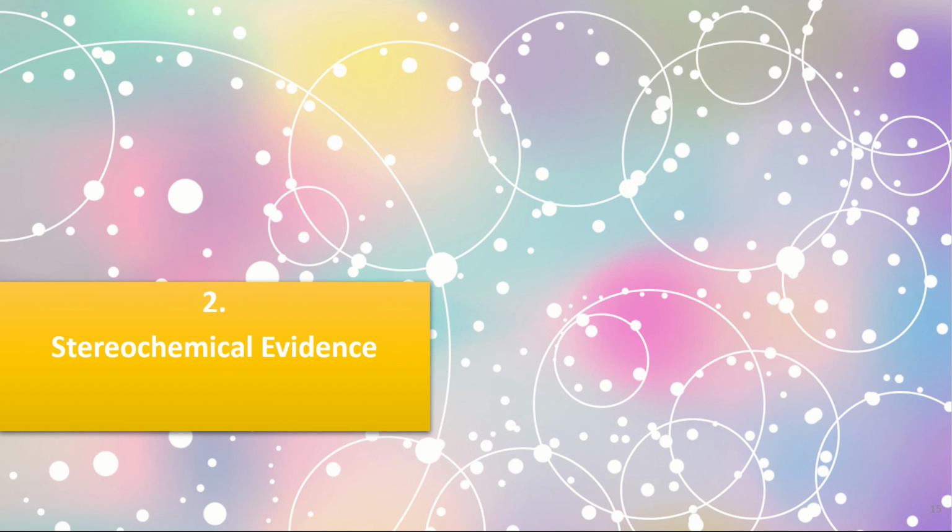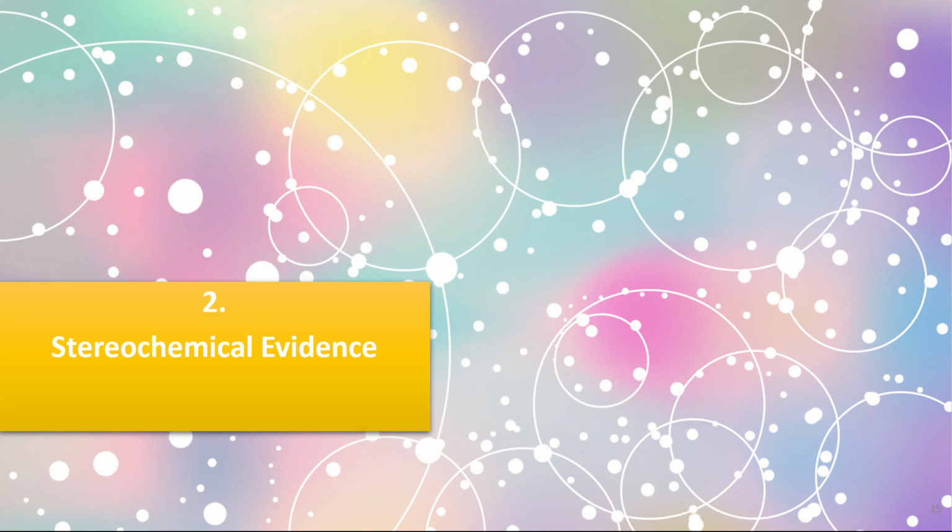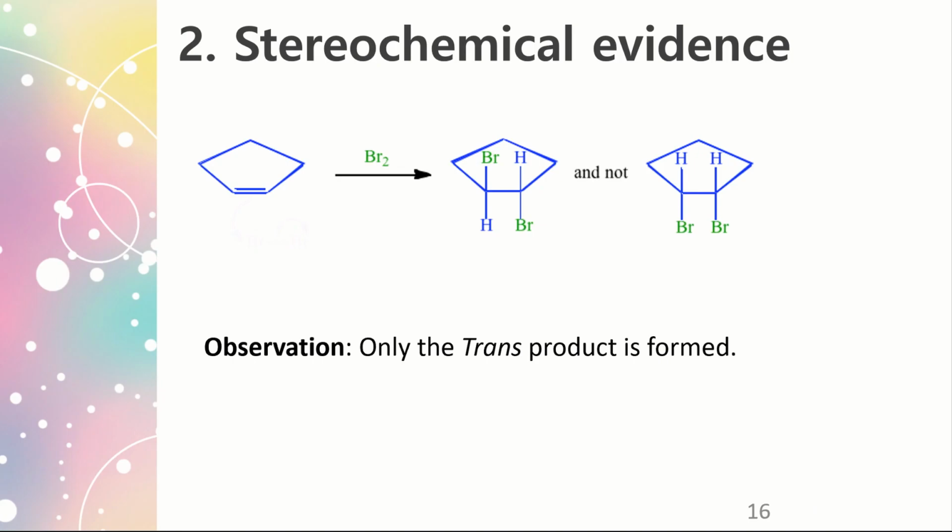All right, so the next topic that we're going to go into is the stereochemical evidence. And we have touched on that when answering this question, because the stereochemistry of the product was one of the key things that gave us insight into the reaction mechanism. So we're going to look at another example of stereochemical evidence. Here we have an alkene, a cycloalkene.